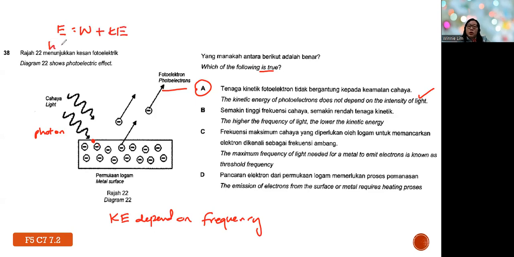So the photon energy is hf, the work function is hf naught, and the kinetic energy is half mv squared. So kinetic energy is affected by the frequency; the higher the frequency, the higher it is. So this is wrong. Then the maximum frequency of light needed for matter to emit electrons is known as threshold frequency. It's not called maximum, it's called minimum. Then the emission of electrons from the surface requires a heating process. They are not heating. You just need to shine the light. Okay. Yeah. So that's why the answer is A.